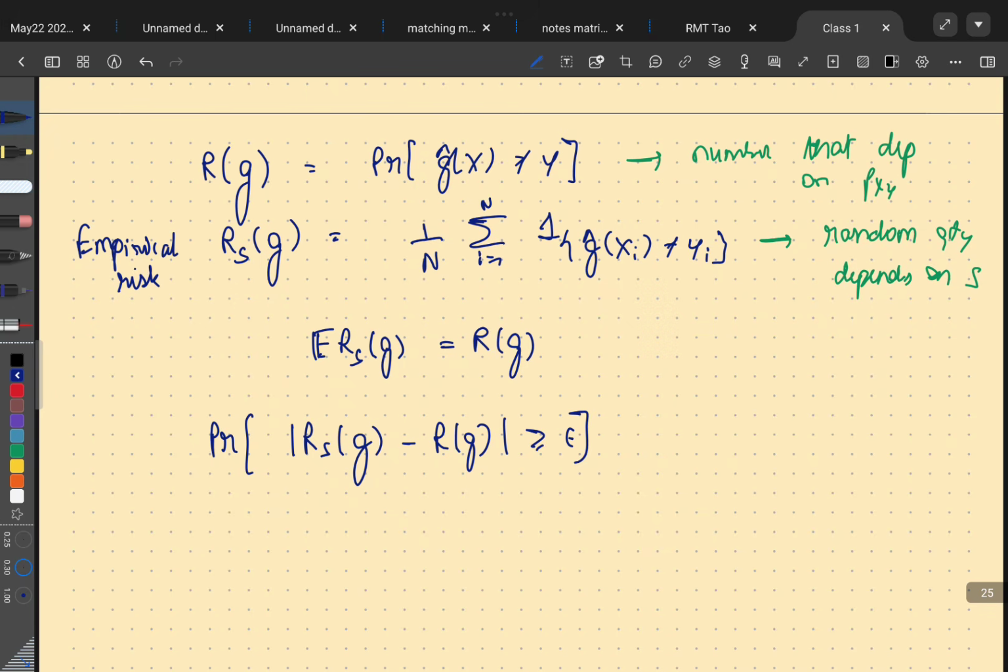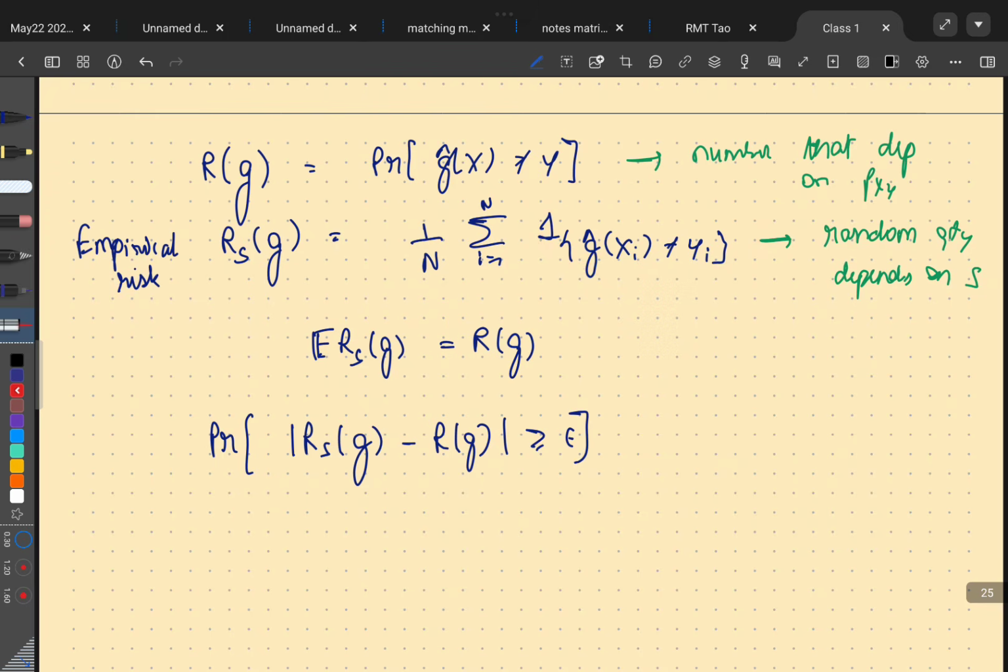So in this case, what can you say about R_S of g? What kind of quantity is it? 0 or 1. Yes, they're all independent and identically distributed Bernoulli random variables. And what is the expectation of this? Each is Bernoulli, but what is the Bernoulli parameter p?